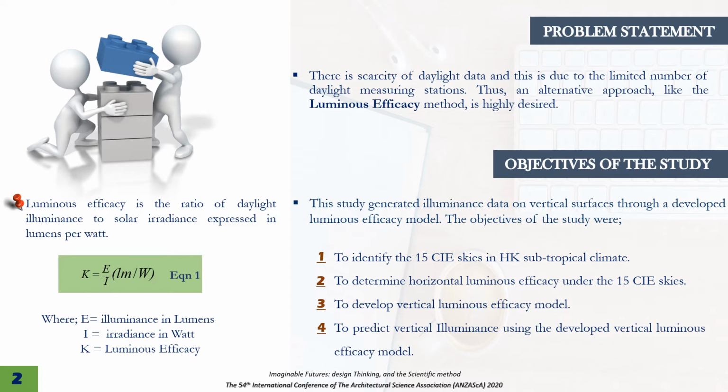The objectives of this study were to identify the 15 CIE skies, to determine the horizontal luminous efficacy under the 15 CIE skies, to develop a vertical luminous efficacy model, and lastly, to predict vertical illuminance using the developed vertical luminous efficacy model.